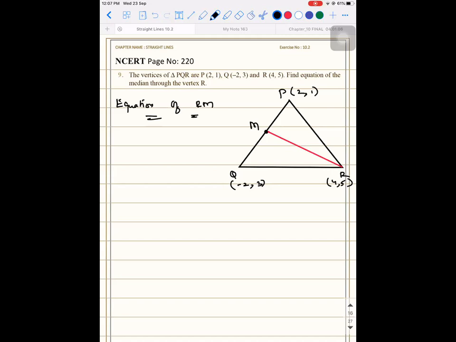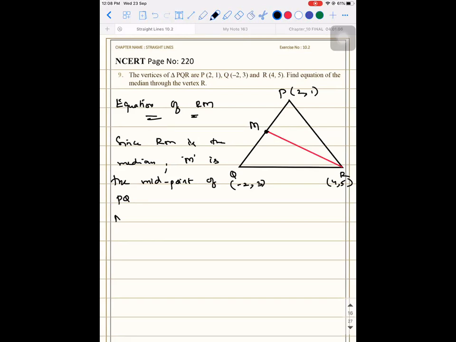A median is a line which bisects the opposite side into two equal parts, so PM equals MQ. Since RM is the median, M is the midpoint of whom? PQ. M is the midpoint of PQ.